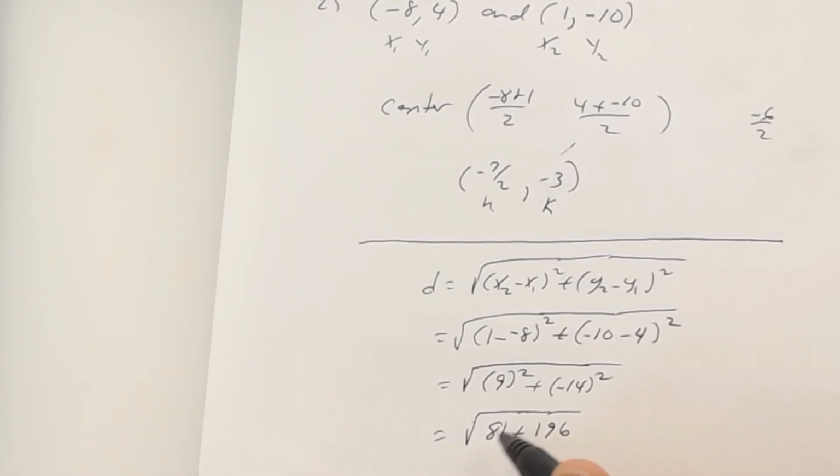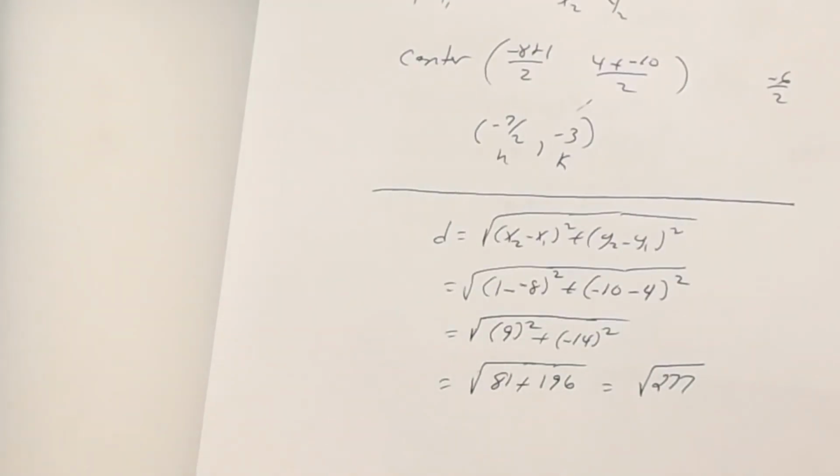And then 81 plus 196 is what? 277. All right. Leave it like that, because you don't want to simplify that, because at the end you have to divide it by 2, and then you have to square it at the end.